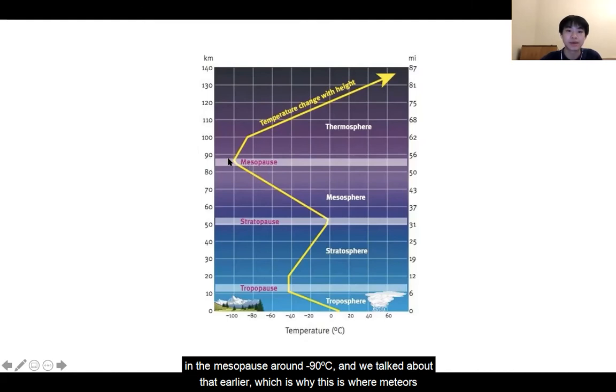And we talked about that earlier, and this is where meteors burn up. But as we move from the mesosphere into the thermosphere, temperature changes with height and it can reach very high temperatures in the thermosphere. So this is a nice little chart that compares the relationship between the temperature and height from the ground in the atmosphere.